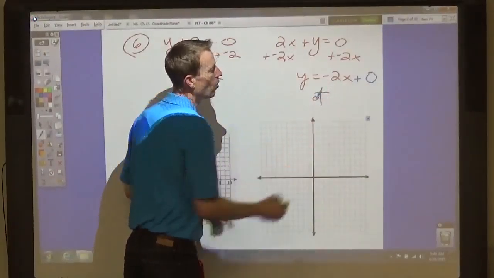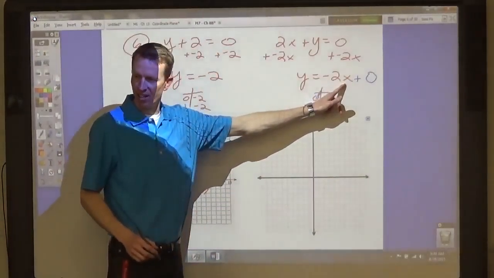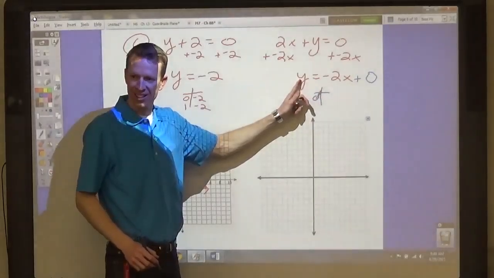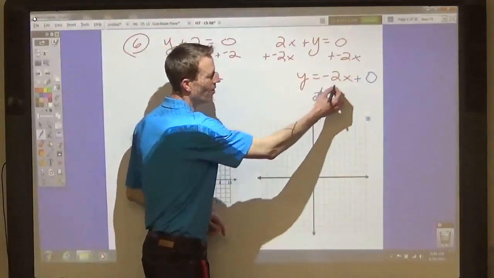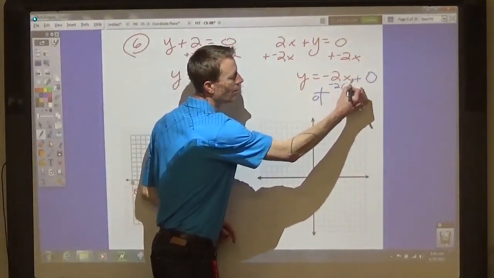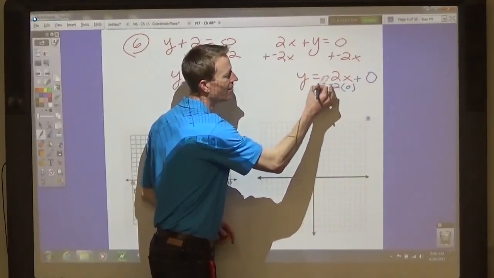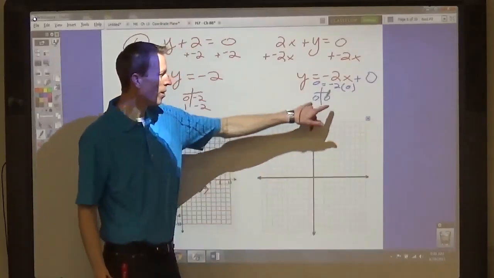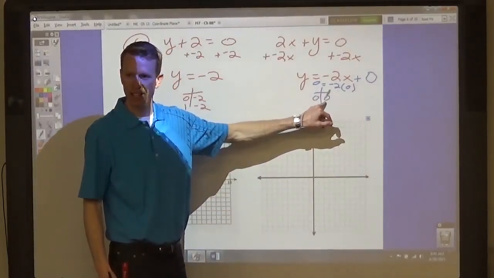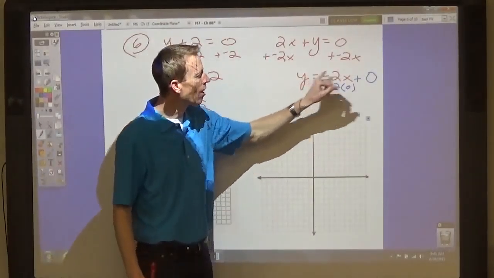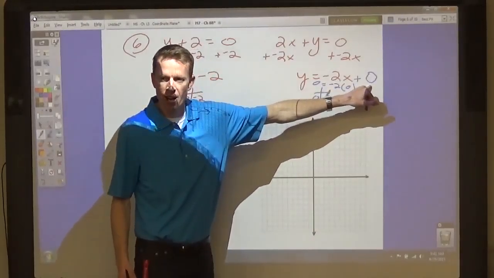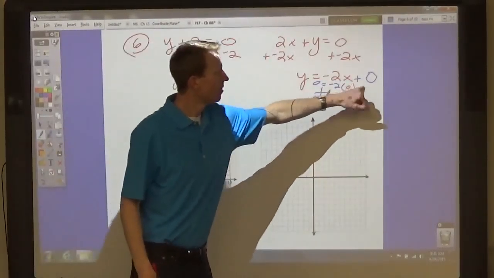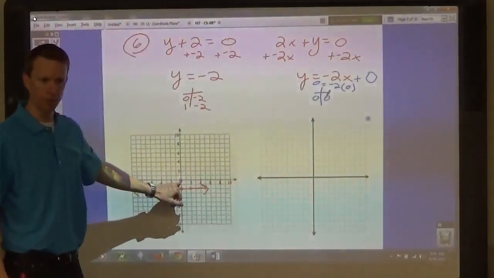If you plug in 0 for x, right here, what is y? -2 times 0 is 0. That's one of the points on this line, isn't it? Or, if it's solved for x, and there's not another number, then we can mark 0 as the y-intercept.